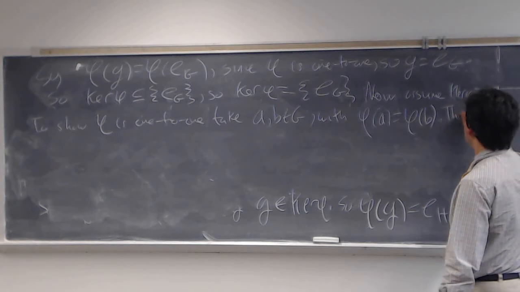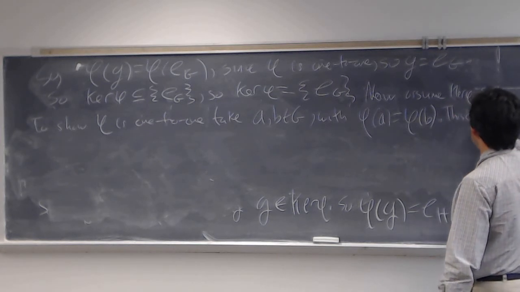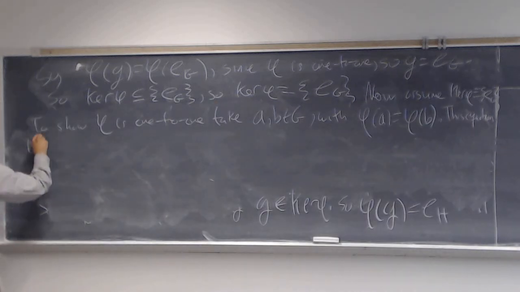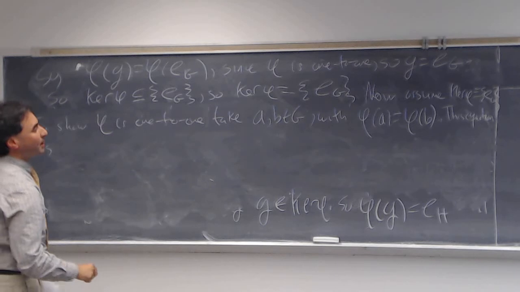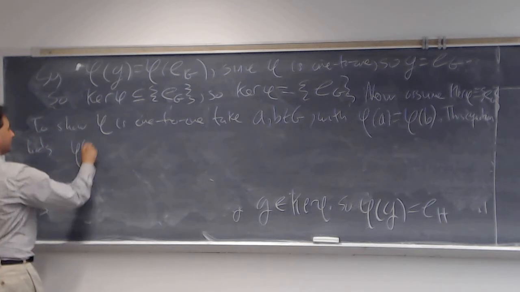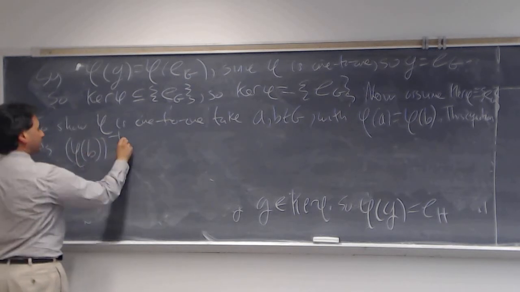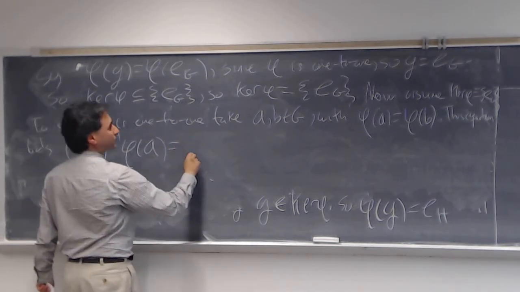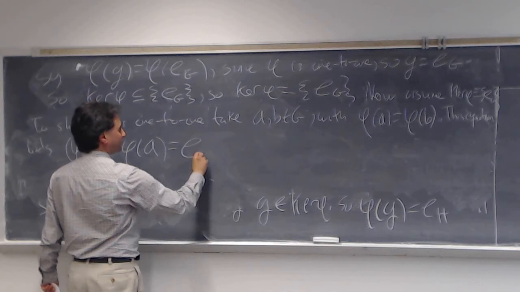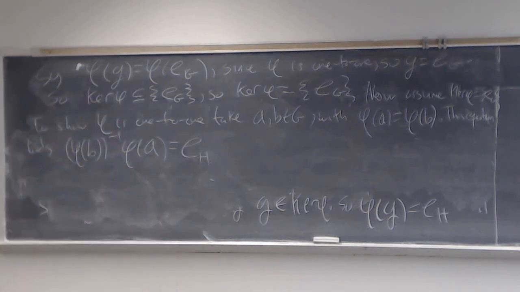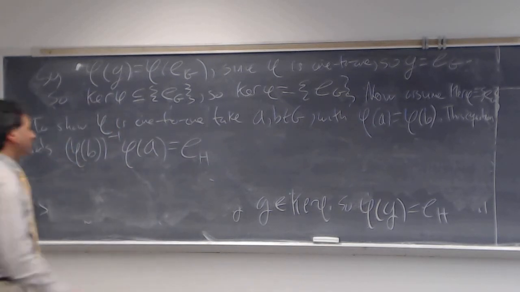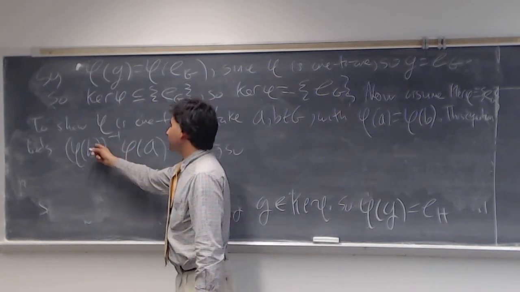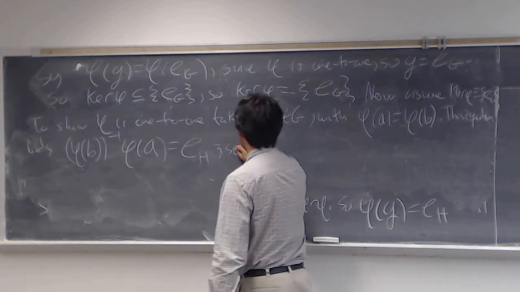Well, this equation leads to what? I can multiply on the right by phi of b inverse, to give me the identity in the set H. And then, remember, for a homomorphism the inverse comes inside, and then we can multiply both of them.